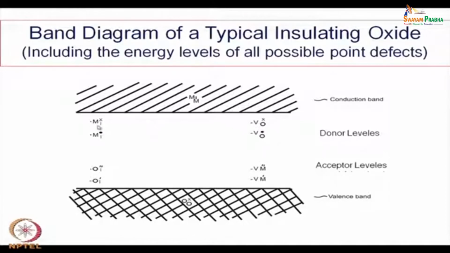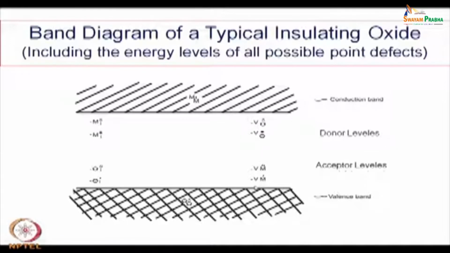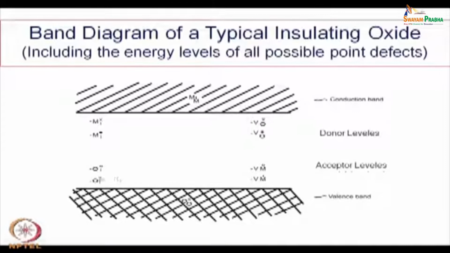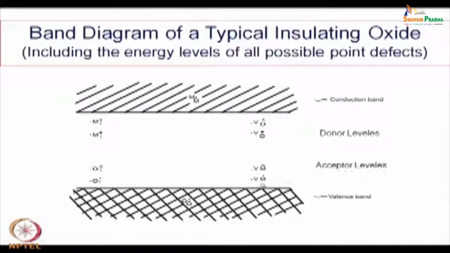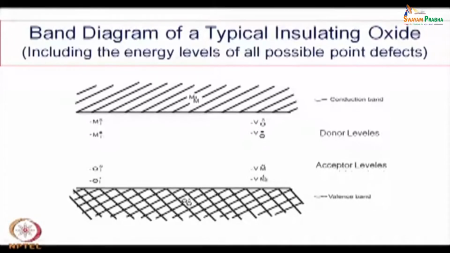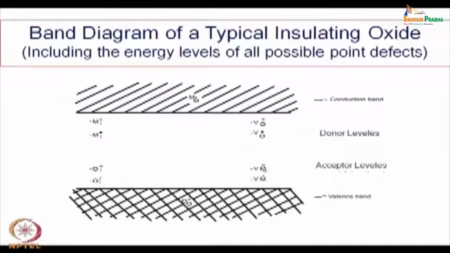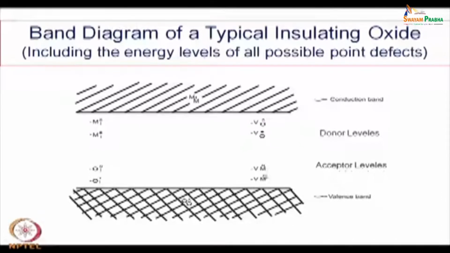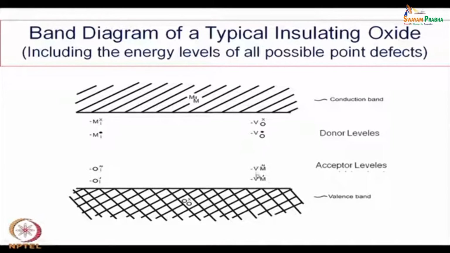These are not negative signs, these are actually level indicators, the level compared to this energy. Here you have metal vacancy with one negative charge, and metal vacancy with double negative charge, because the positive charge is missing, so it is effectively a negative charge.